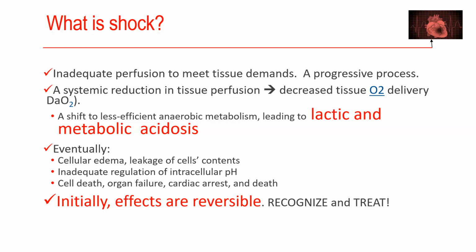On your blood gas here at Grady, you get a base deficit. Most hospitals give a bicarb and a base deficit. It doesn't matter. Base down, bicarb down, metabolic acid, which is hydrogen, is up. And then you look at lactic acid is up. Lactic acid up, base and bicarb down.